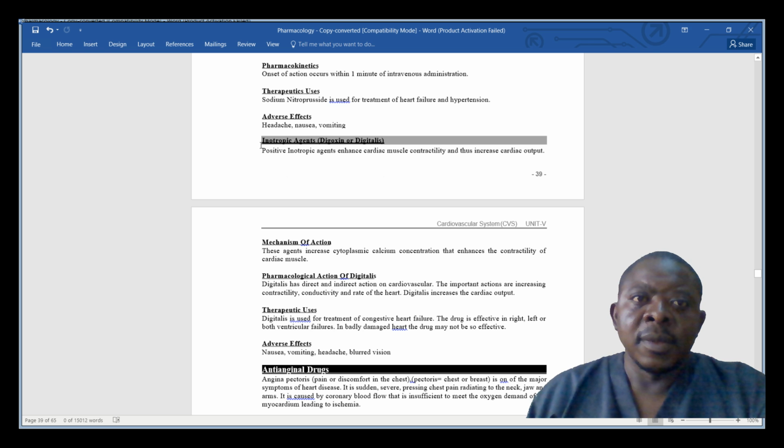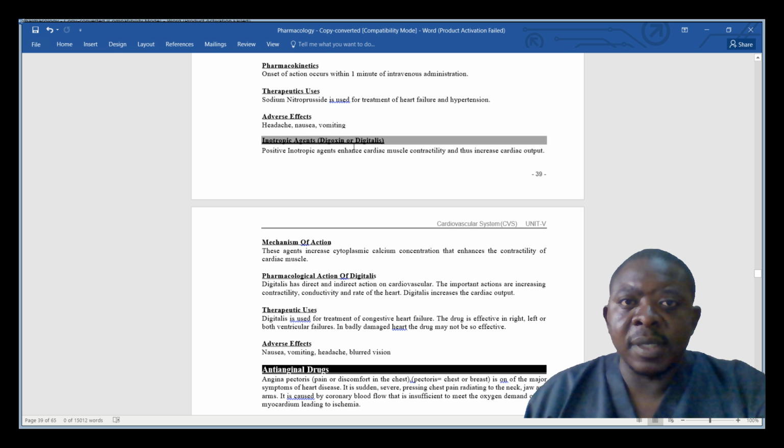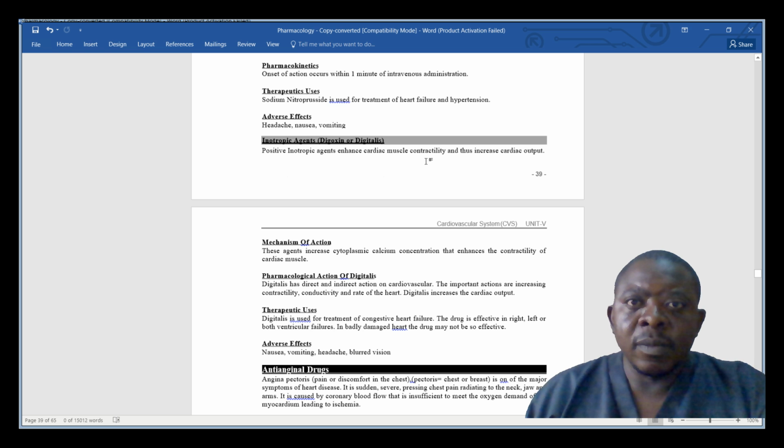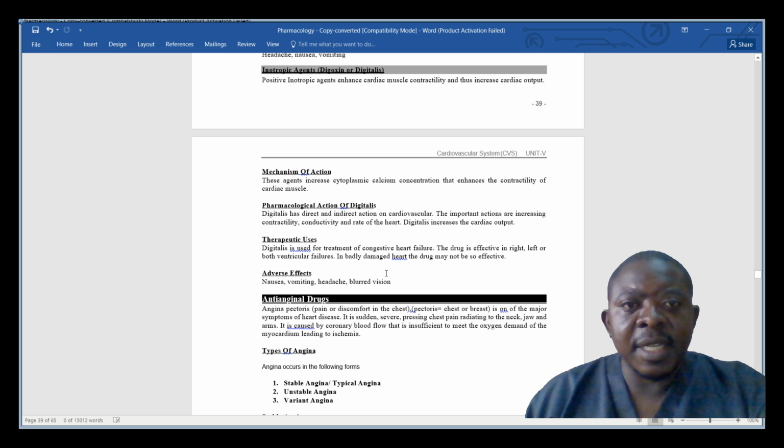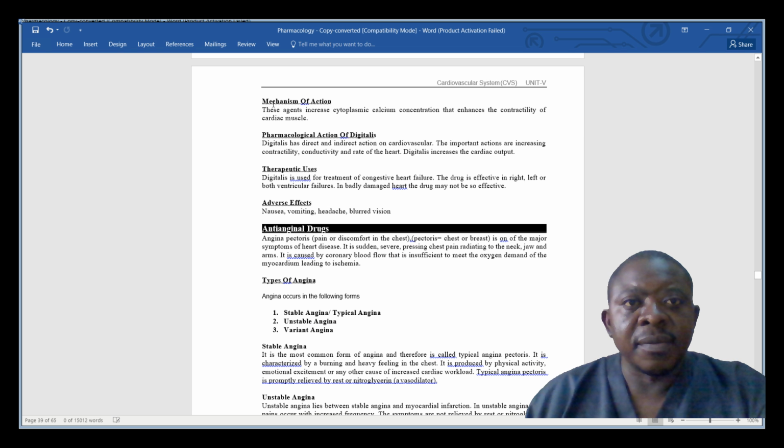Let us now look at inotropic agents like digoxin or digitalis. Positive inotropic agents enhance cardiac muscle contractility and thus increase cardiac output. Mechanism of action. These agents increase cytoplasmic calcium concentration that enhances the contractility of cardiac muscle.